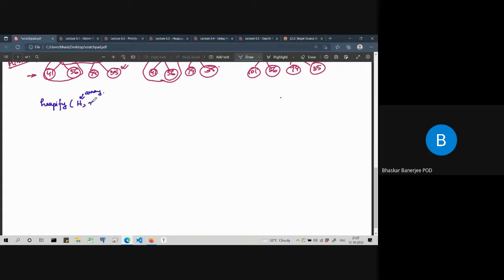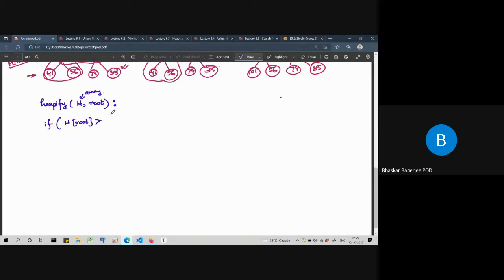Now I am writing this as the root because we start the heapify work from the root. So root. Now what are the steps that I would do? First thing is we need to do two comparisons. So just write it as it is: heap h of root, if that is larger than my left child and right child.